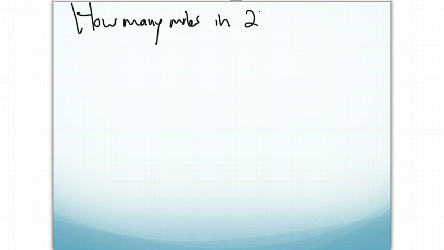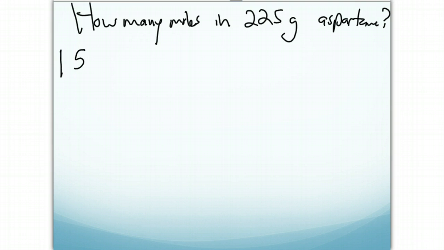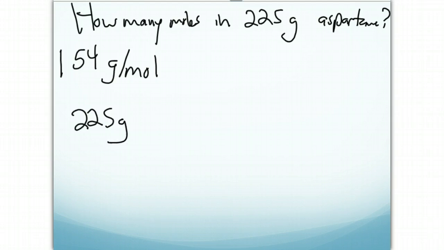So, how many moles in 225 grams of aspartame? And we know there's 154 grams per mole. We figured that out. All right? So, we have 225 grams, and we know that we want our units to cancel.